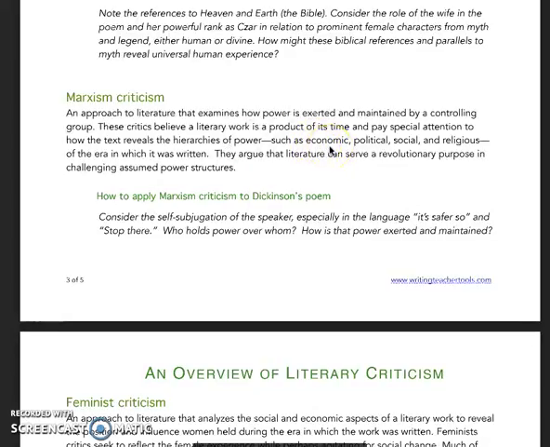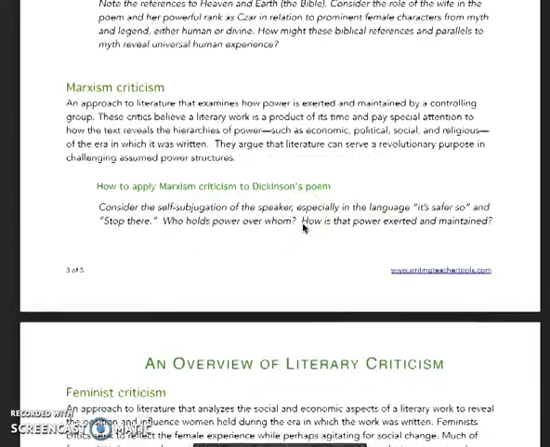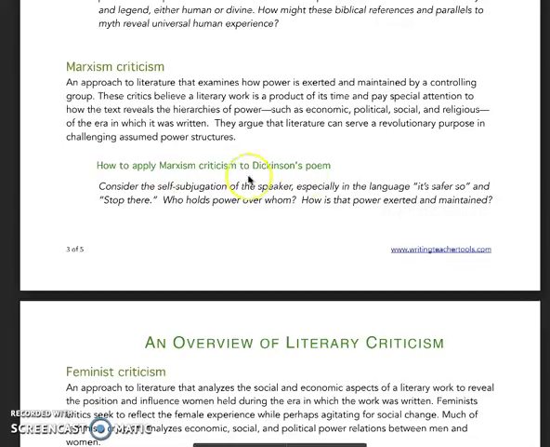And that power might come in many forms. It's not just economic power. A lot of times people think of Marxism as just economic power, but it's political power, social power, religious power. And it's trying to reveal who had the power and what voices were marginalized in the time that it was written.